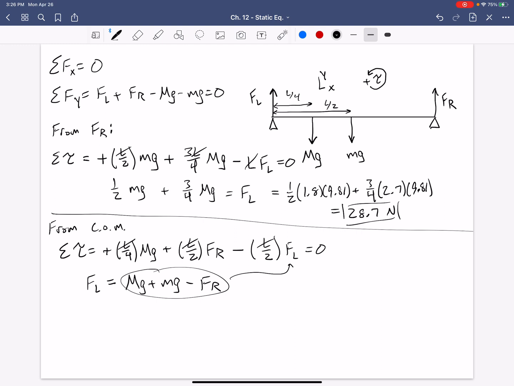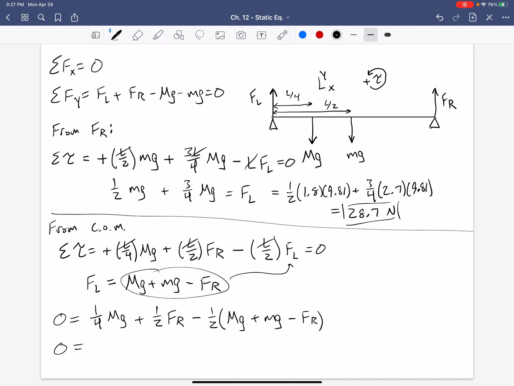And so we basically have 1/4 Mg plus 1/2 FR minus 1/2, now plugging in all of that circled stuff, so plus the two weights minus FR. And all of that equals 0. I'll put the 0 on the left side to save space.